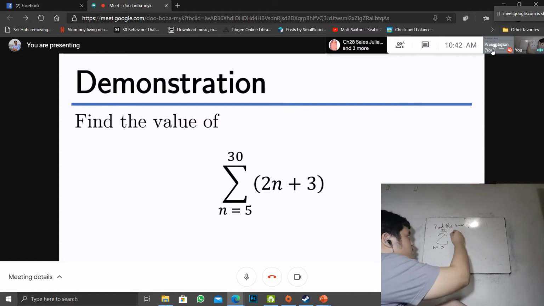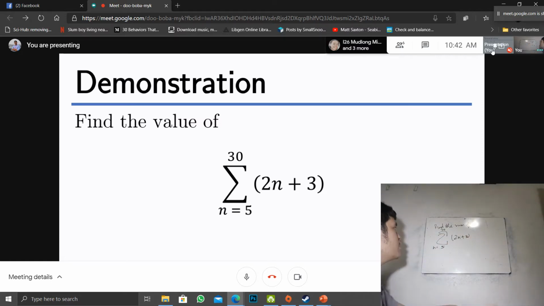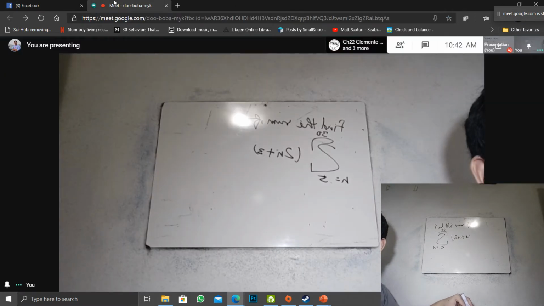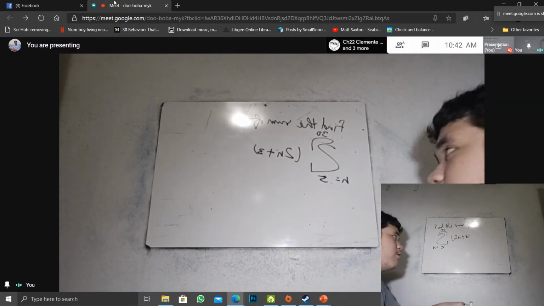So, paano yan, guys? Look, tignan nyo na lang yung whiteboard for now. Simple lang yan. Don't be intimidated by that. Actually, kaya hindi ko na pinakita sa inyo yung mga formula kanina.